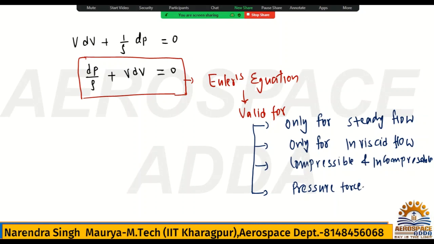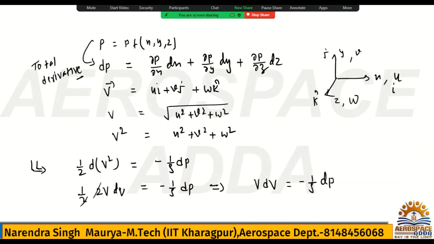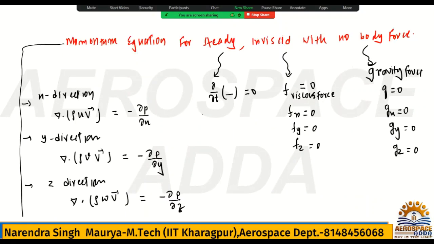How do we know it is valid for steady, inviscid flow? Because you have taken the assumptions. What were the assumptions you made? You made the assumption steady, you made the assumption inviscid, you made the assumption no body force. No body force means gravity force is 0. Inviscid means viscous force is 0. So what is the force left? Only pressure force.